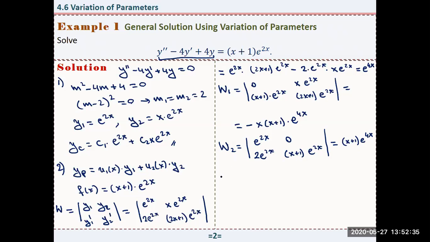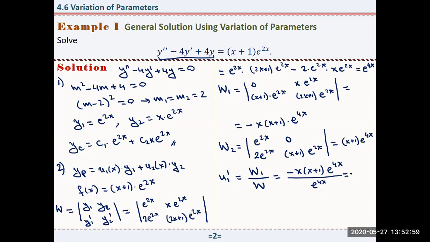Okay, so now we can get u sub 1 prime, which is equal to w sub 1 over w. w sub 1 is minus x plus 1 e to the power 4x. And how about w? w is equal to e to the power 4x.